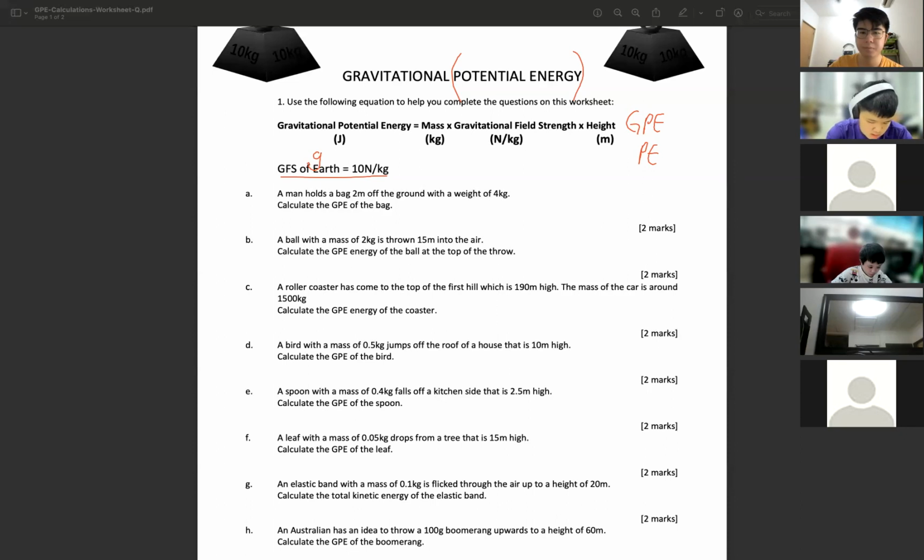Teacher, no matter the sequence, I can also put height times mass times gravitational field strength, right? Yes, the sequence doesn't matter.